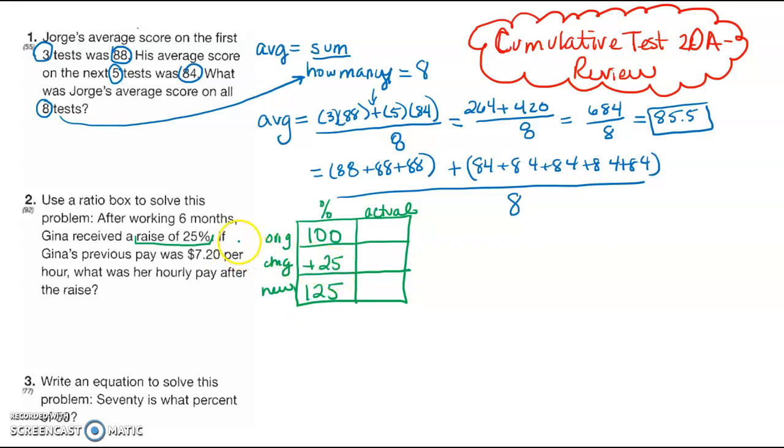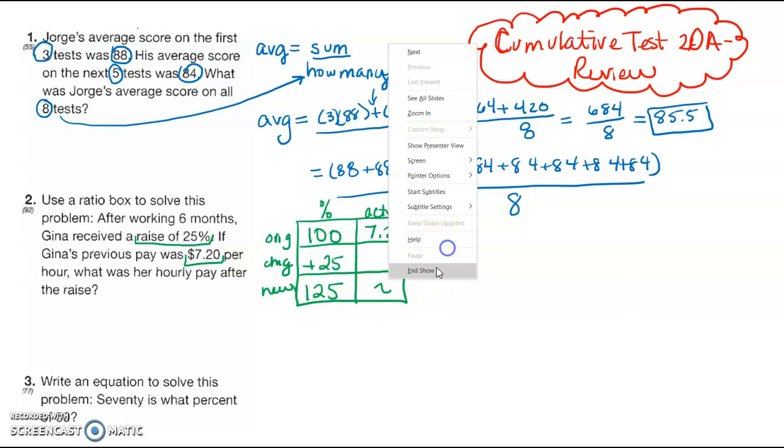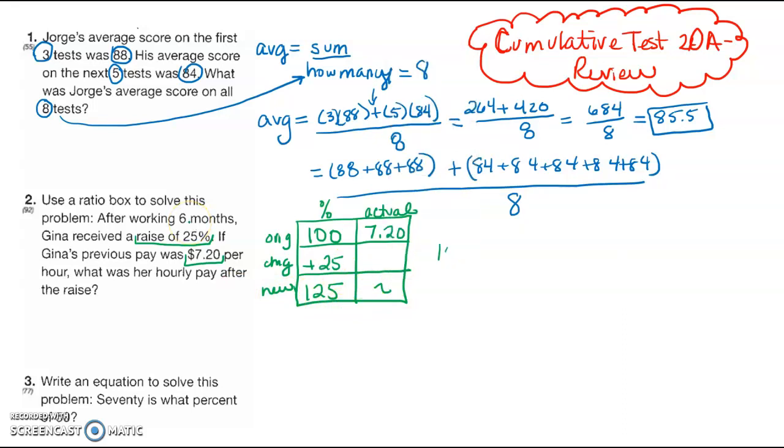I'm going to read the rest of the problem. If Gina's previous pay was $7.20, so that's previous, what was her hourly pay after the raise? So we're looking for this. We're going to do 100. We're going to use this line and this line.